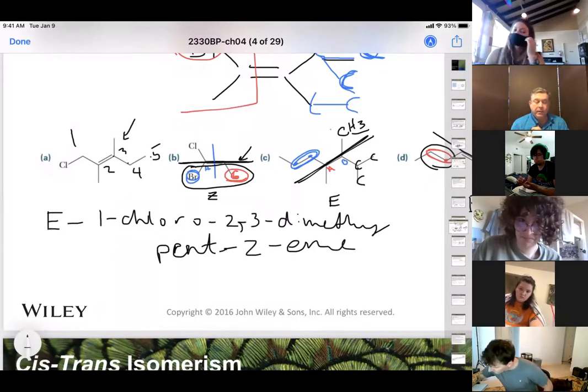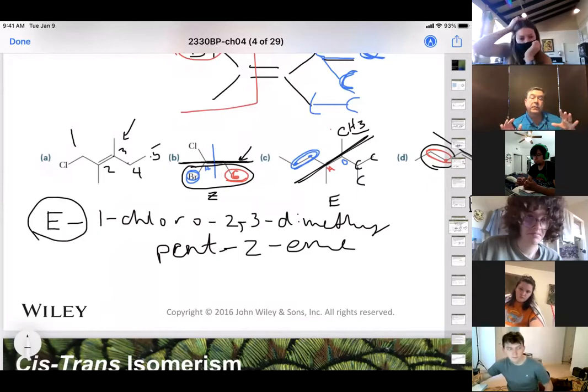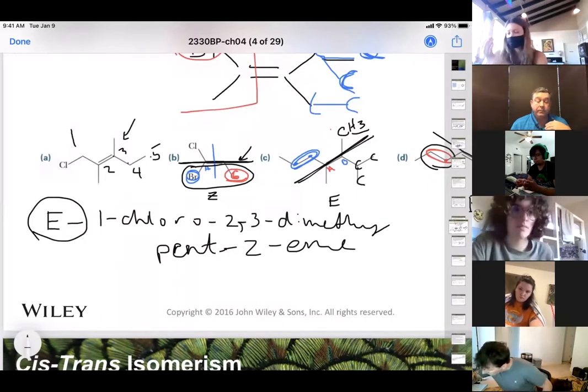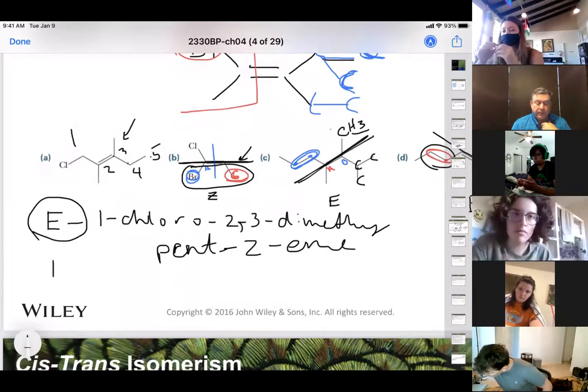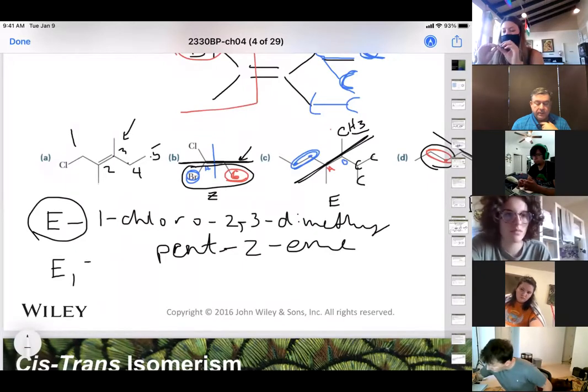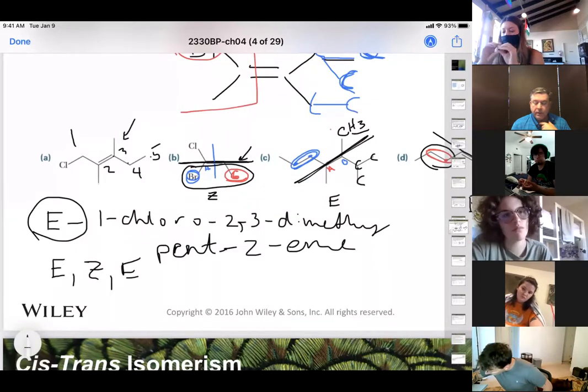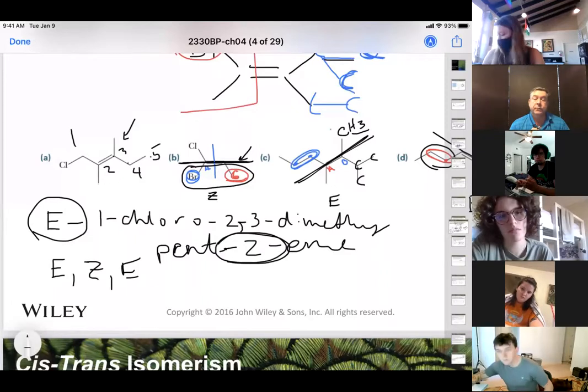Okay, so the designator of cis and trans or E and Z goes at the beginning of the name. If you have more than one double bond, you assign the first one first, the second one second, and the third one third, that correlate to where the alkenes are located. Okay?